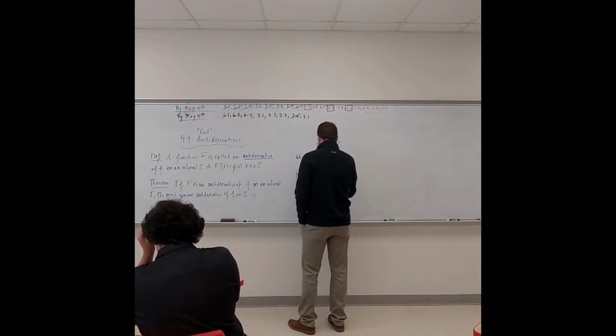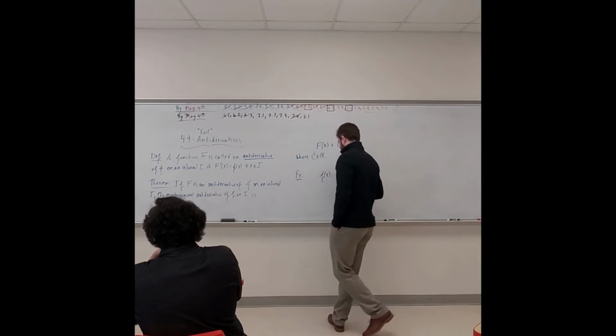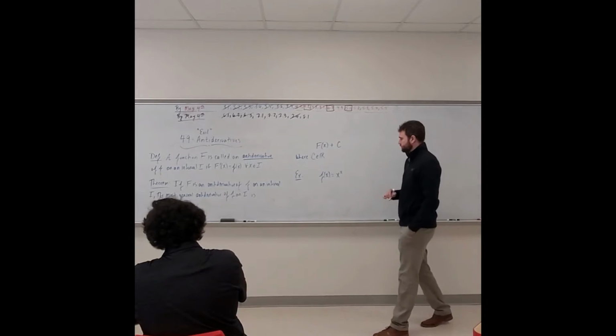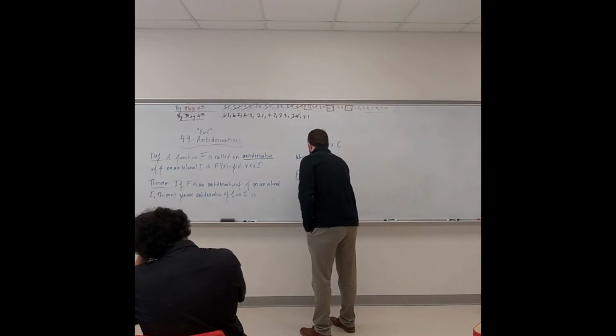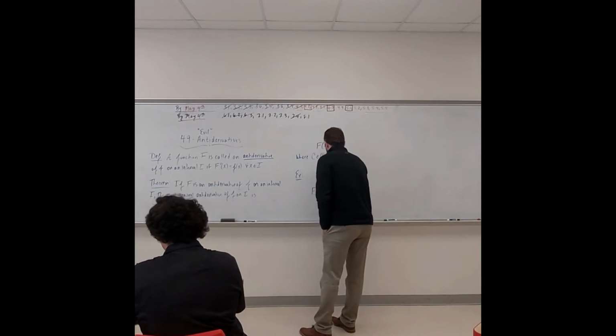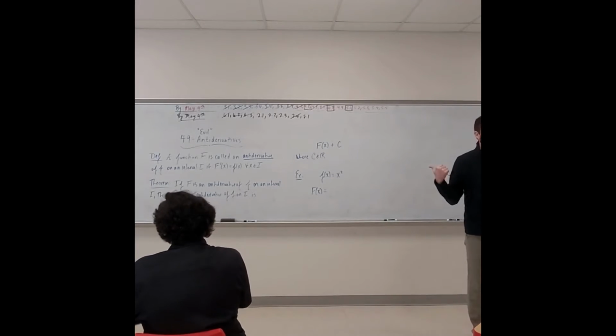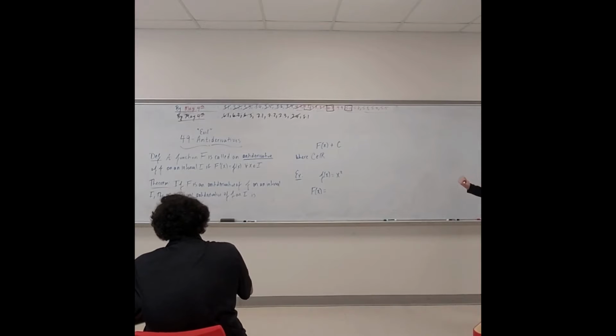Suppose I have f of x equals x squared. I want the most general antiderivative of this function. So I need to ask myself, what function can I take the derivative of to get x squared?